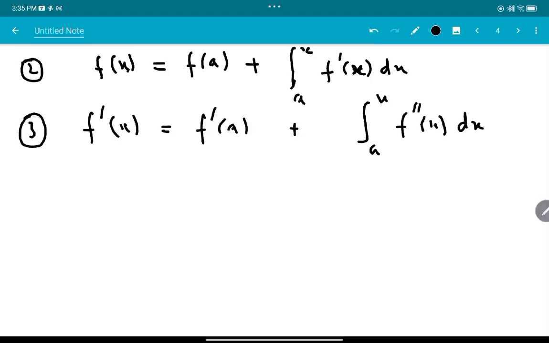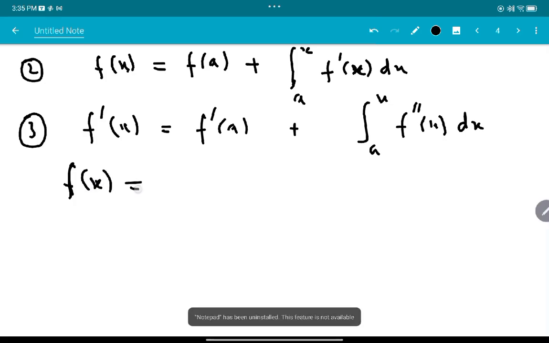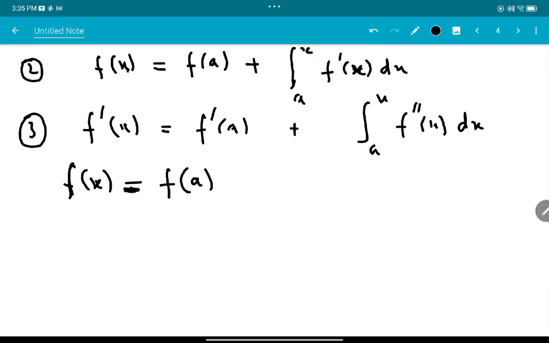Now when I substitute this into this, be careful about this. You have f x, you'll get f x equal to f a. These two terms will not be affected. Now this term will be affected. But before substituting f dash x here, let us first make some space for the coming value of this expression.